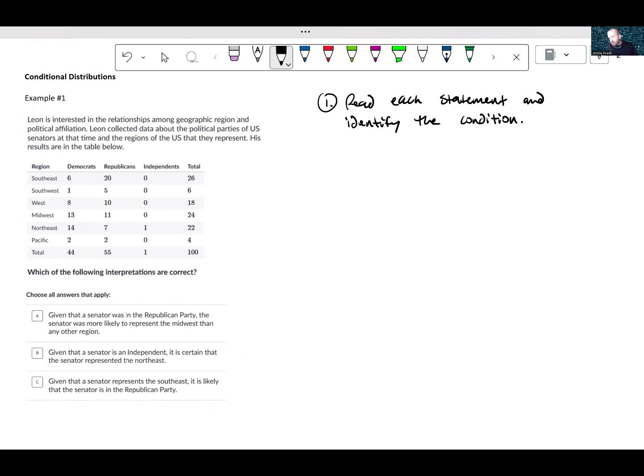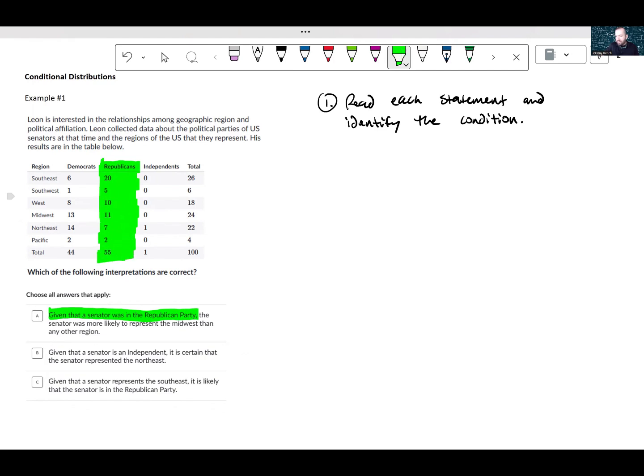It says, given that a senator was in the Republican Party, I'm going to try to color code some of this. So, given that they were in the Republican Party, the senator was more likely to represent the Midwest than any other region. So, I'm going to highlight all of the Republicans. So now we know we're looking at a column.